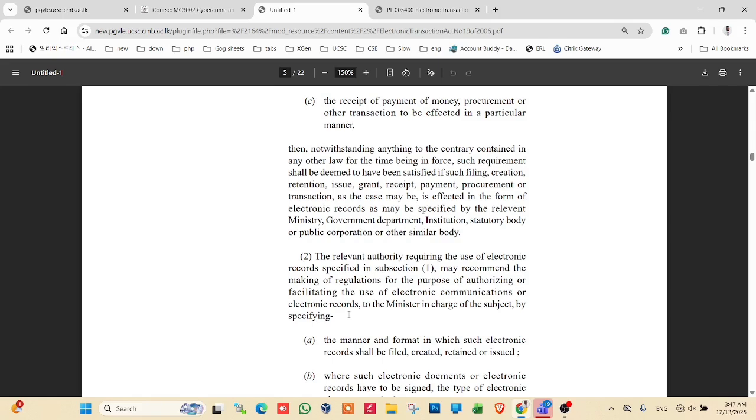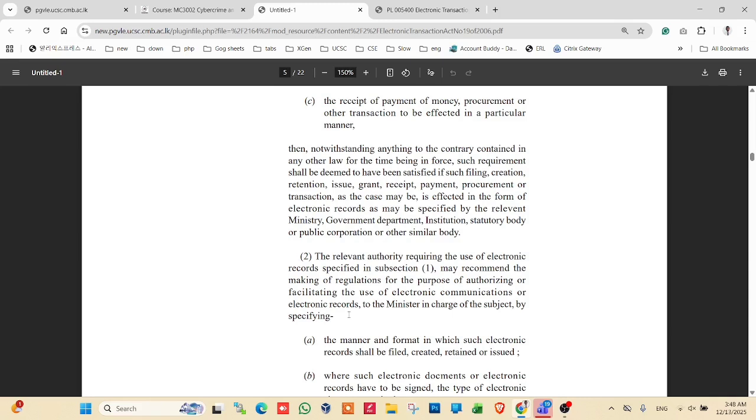If there are things that the law requires you to do in A, B and C, that is basically filling of forms, issue of licenses, certificates or anything, or receipt of money payments and any similar things, and you do that in electronic form, that particular requirement is deemed to have been satisfied if such filing, creation, retention, issue, grant, receipt, payment, procurement or transaction, as the case may be, is effected in the form of electronic records, documents and other such messages.